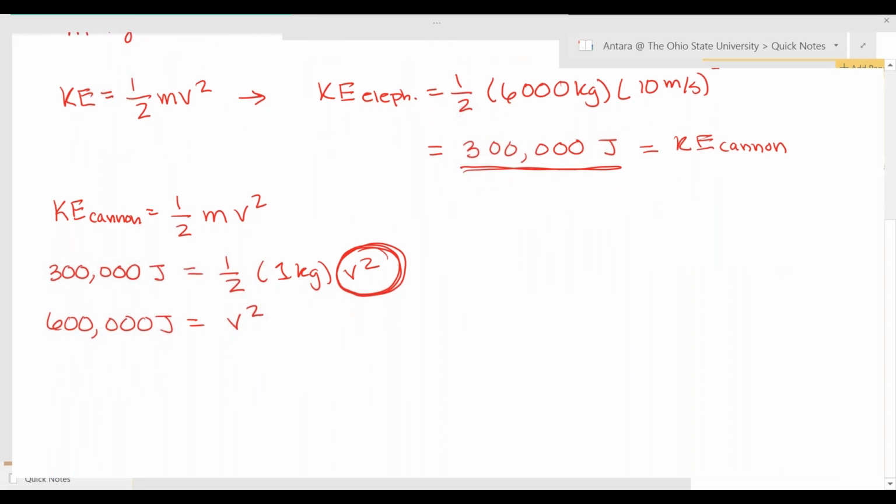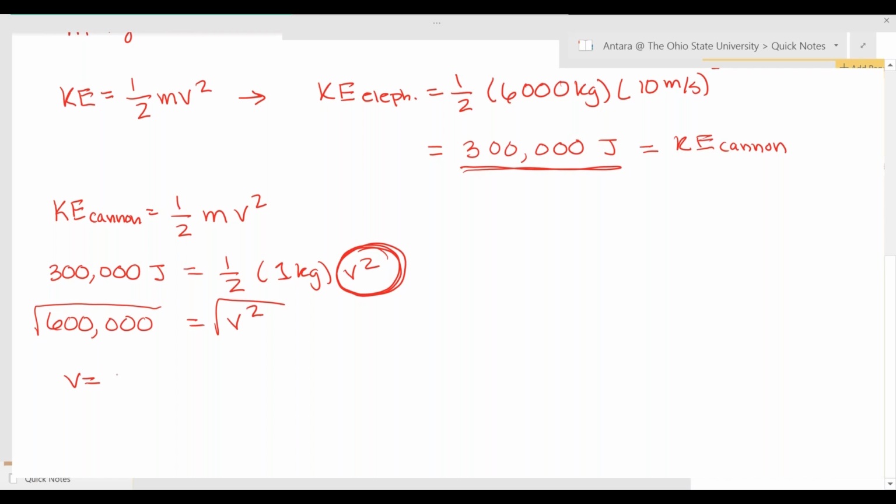And now to get v alone, we can just take the square root on both sides. And we should get the square root of 600,000.